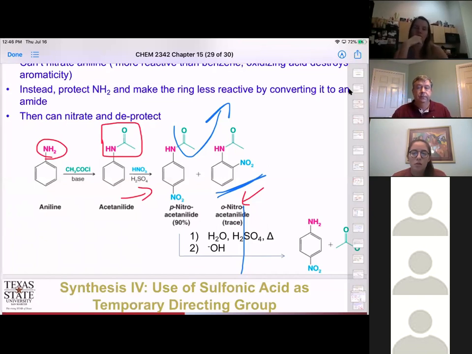Yes. So it'd be something like a 2-step where we add an acyl group here, and then we would nitrate and then deprotect, that kind of thing. Yes. Okay. And we'll get additional practice in the group.